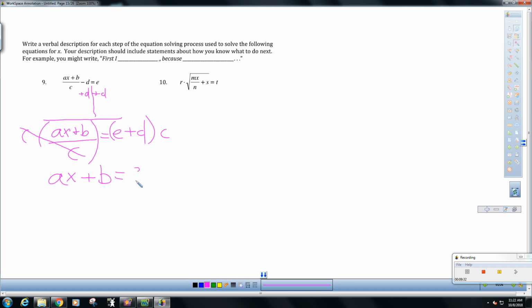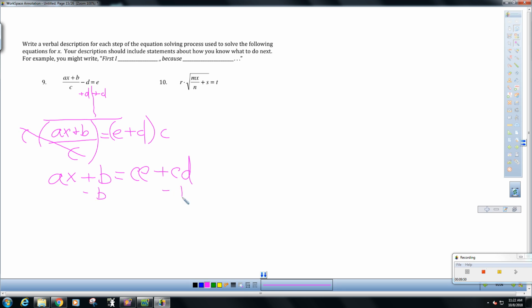Let's go ahead and distribute CE plus CD. If you wrote yours in a different order, like if you wrote it EC plus DC, that'd be fine too, whatever. Alright, now we would subtract B from both sides.